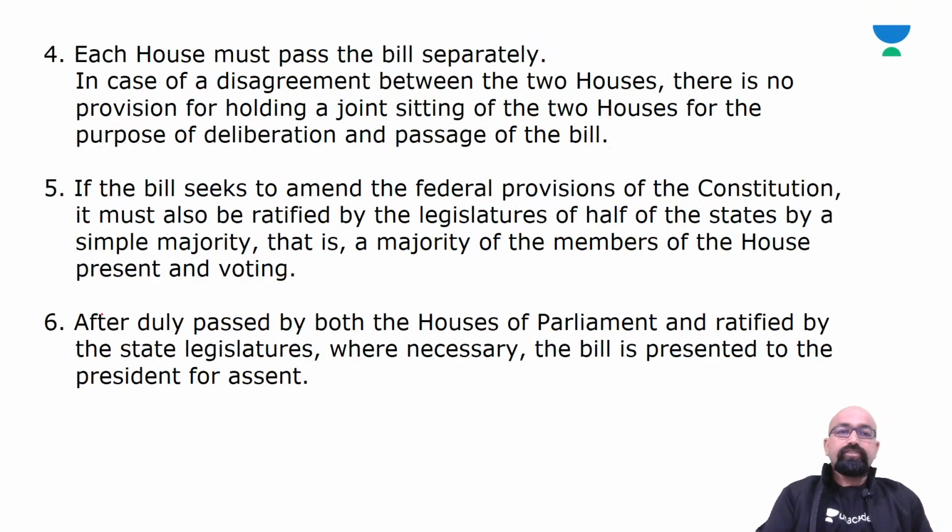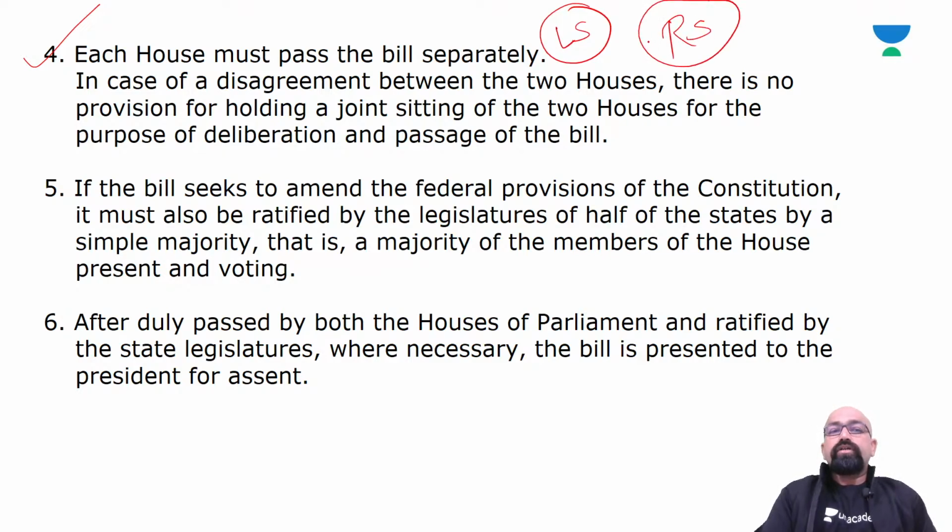All right, next, each house must pass the bill separately. So in case of Lok Sabha or Rajya Sabha, they must pass the bill separately in both houses. So in case of disagreement between the two houses, there is no provision for holding a joint sitting of the two houses for the purpose of deliberation and passage of the bill.